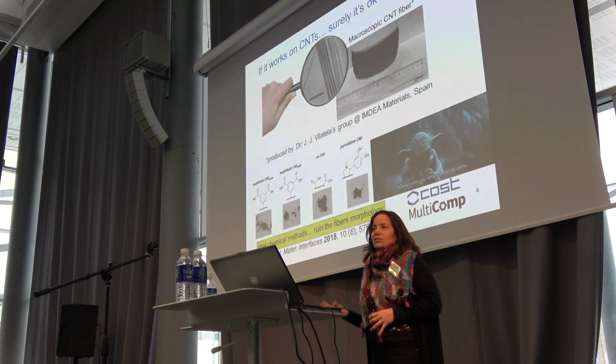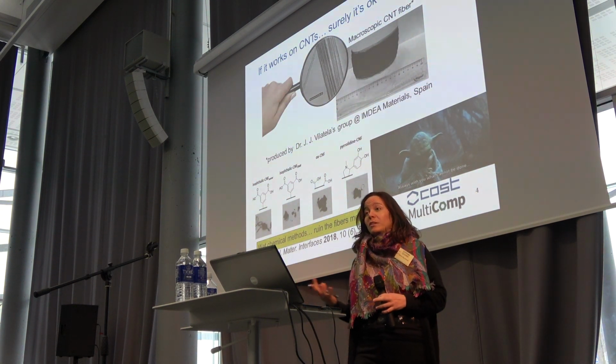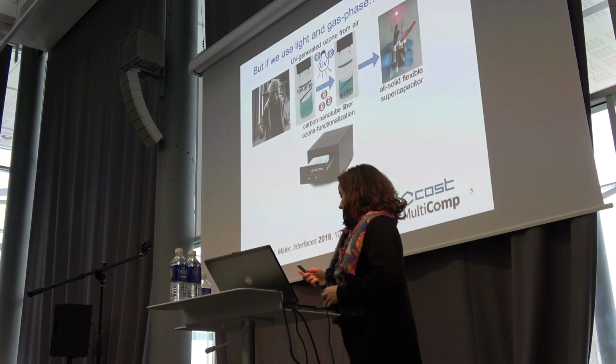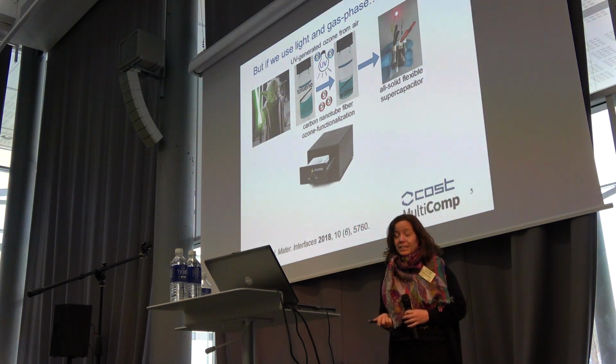So you can get the functionalization going, but if you're interested in the morphology of the macroscopic material, then it's a problem. However, we decided to turn to the light, and then things got working.